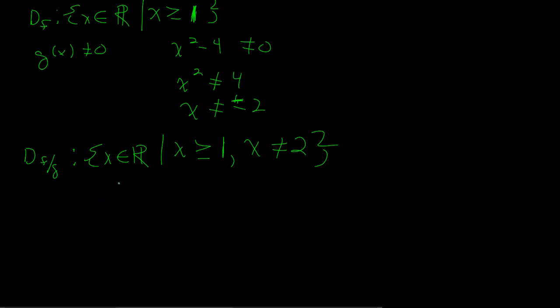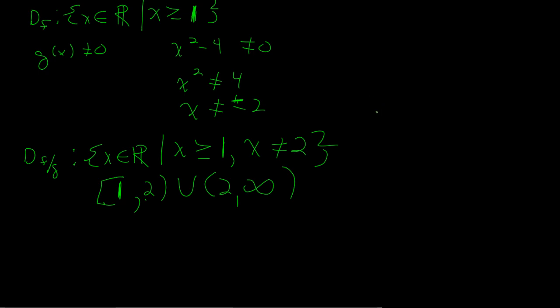Or if we remember our interval notation, we could write this way: 1 up to 2, I don't exist at 2, up to infinity. These are the two notations that we can write to talk about our domain restrictions. But by combining these two functions, I get a more restrictive domain.